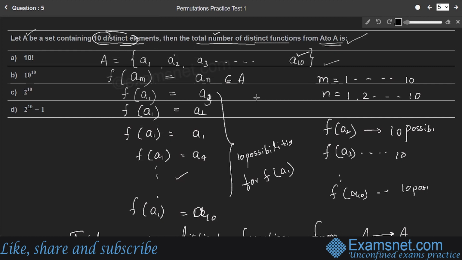Therefore, the total number of possibilities is 10 raised to 10. Option B is the right answer.